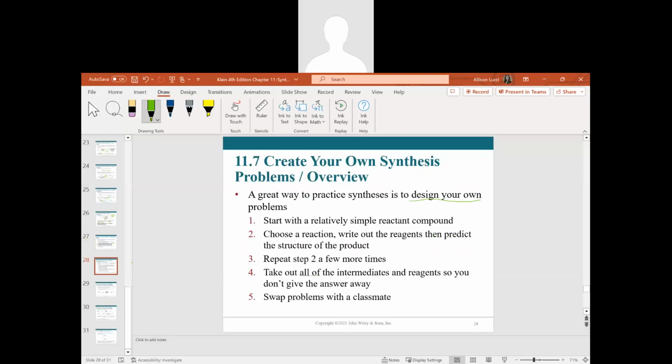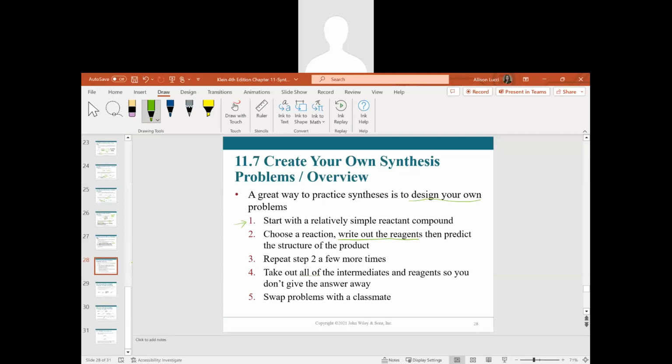Besides sorting reactions into different types, those that alter the carbon skeleton and those that change or move functional groups, we can also design our own problem. So these are some recommendations. Start with something simple, a simple reactant. Choose a reaction, write out the reagents, and then predict the structure of the product.